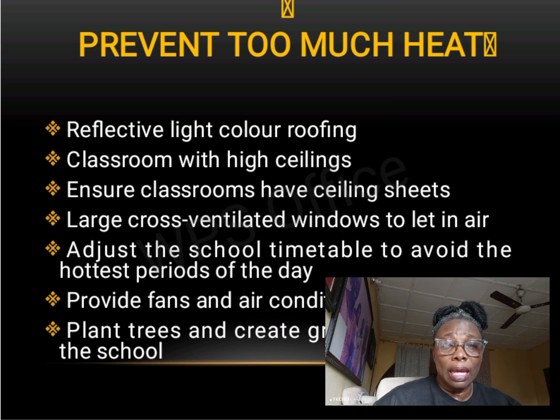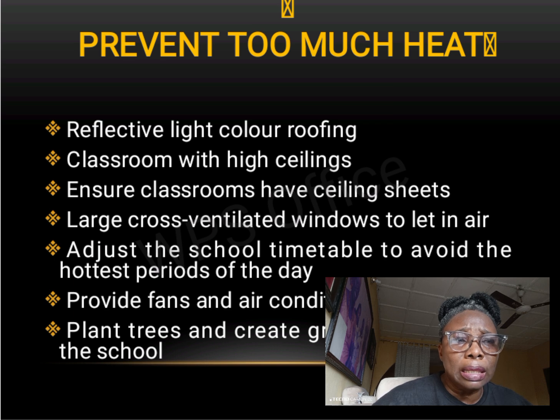That's why in a lot of African countries our clothing is very colorful, because we are adjusting to the environment. The same applies to the school. For roofing, we use light colored roofing. That's why in our environment you see a lot of houses whose roofs are not painted. They use the natural reflective colored roof and leave it that way.